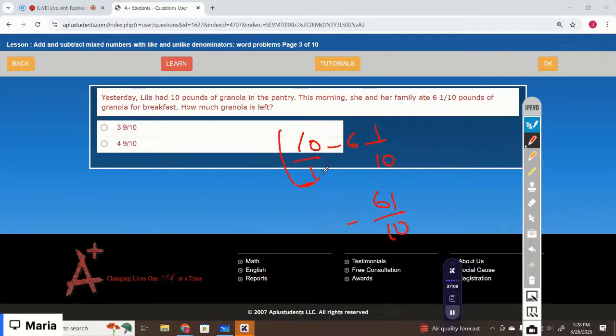And we need to make this 10 into tenths, so we need to multiply by 10. 10 times 10 is 100, and 100 over 10. So 100 minus 61 is 39 over 10. So just divide 39 by 10. 10 times 3 is 30.